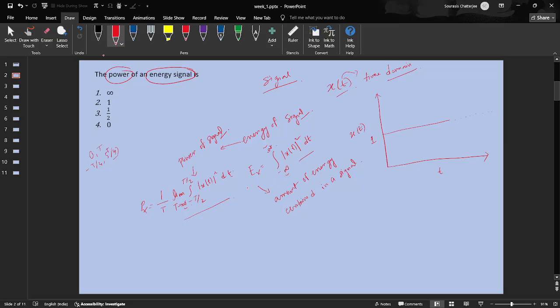Now let's not get into the maths here. If I ask you, I have drawn a signal here. xt basically takes value 1 for all t, and as you can assume, it goes till infinity. So without even looking at math, can you point out what energy this signal is going to contain?